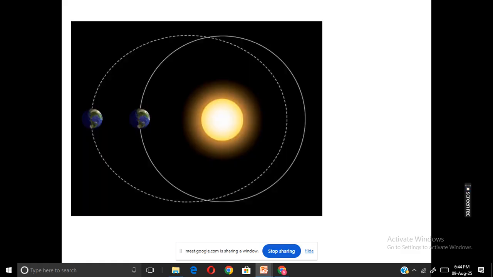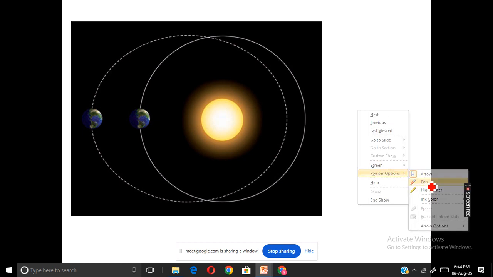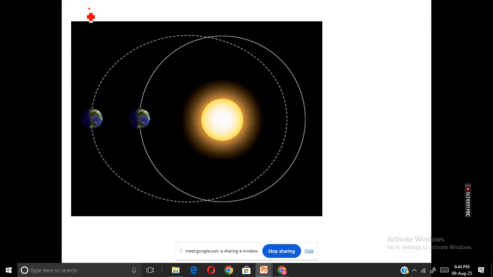So how does a variation happen in the incoming solar radiation? We are discussing three different parameters which change the amount of solar radiation reaching the surface of the Earth. The first one is known as eccentricity.